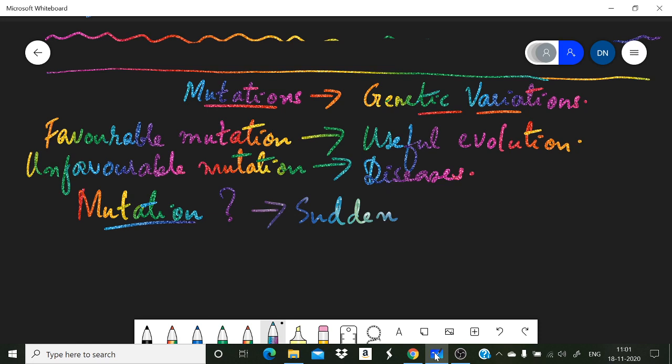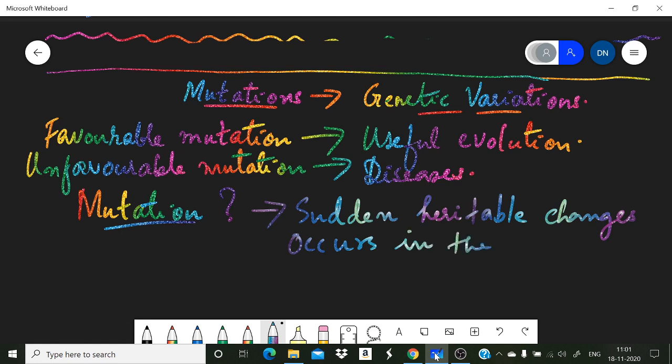Sudden heritable changes occur in the genotype, that is, in the genetic constitution of an organism, which is known as mutation.